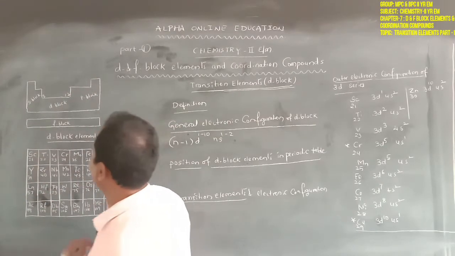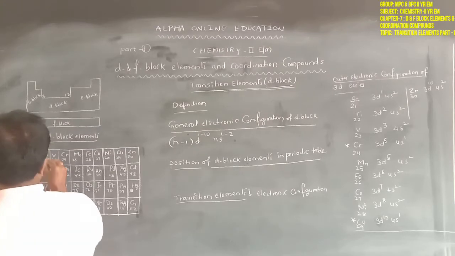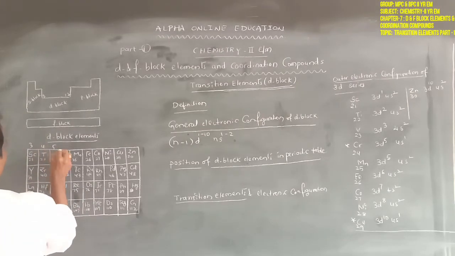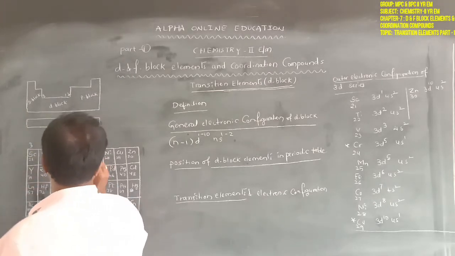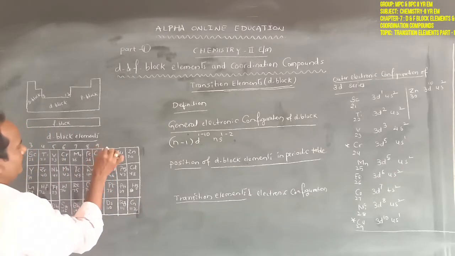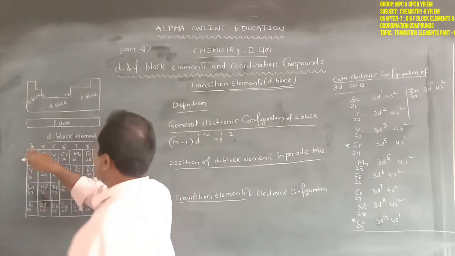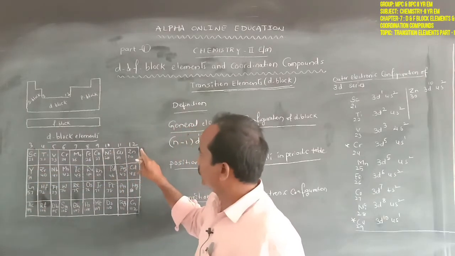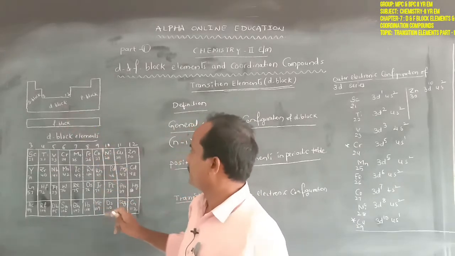This is the third group, fourth, fifth, sixth, seventh, eighth, ninth, 10, 11, 12. From the third group to the 12th group, d block elements are placed in the periodic table.